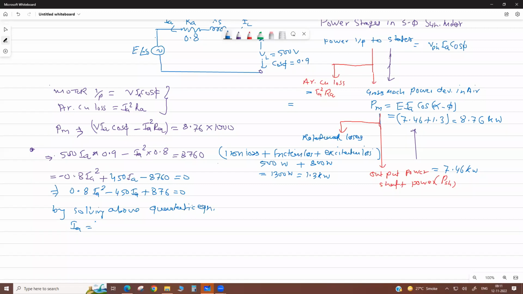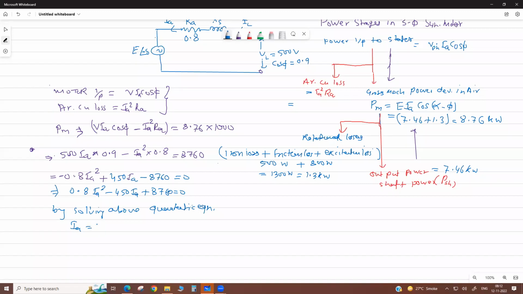A is 0.8, B is minus 450, and C is 8760.